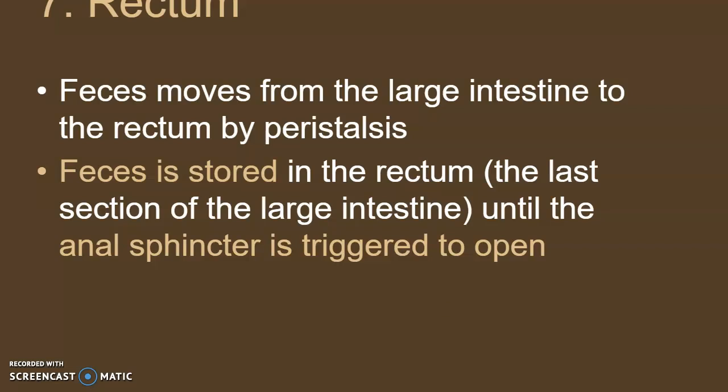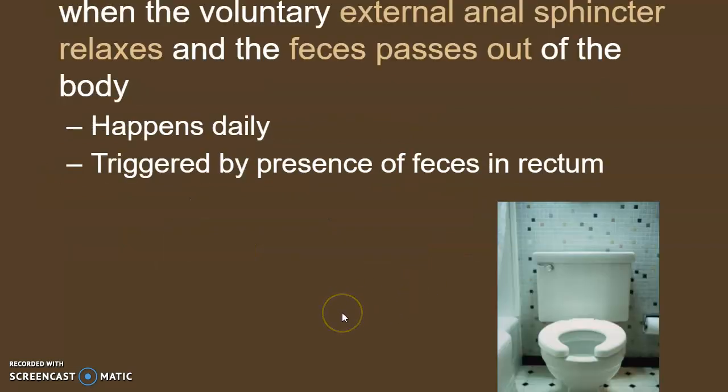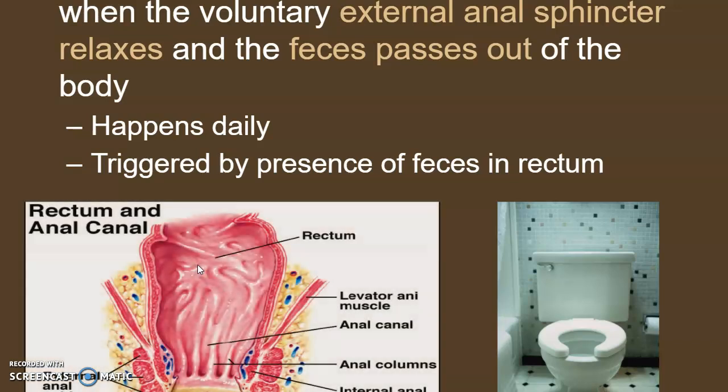It's stored until the anal sphincter, a circular muscle that holds the anus closed, is triggered to open. As more and more fecal matter enters the rectum, the pressure on that anal sphincter builds, and you get that sensation that you have to go. The anal sphincter relaxes, and when it does, fecal matter leaves the body. This happens daily. You should be pooping every day.